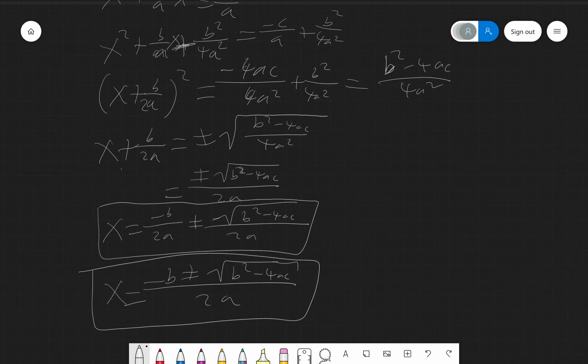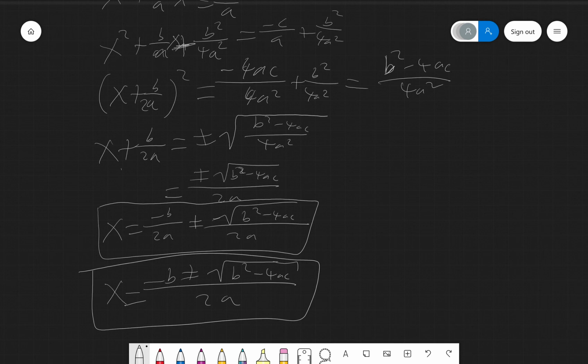Okay, so there's this cool person named Vieta. Vieta came up with the sum of the roots and the product of the roots. When a equals 1, the product equals c and the sum is negative b. But when a is not 1, then we have a problem. I'm not going to prove it. I'll leave it as an exercise, or you can search it up.